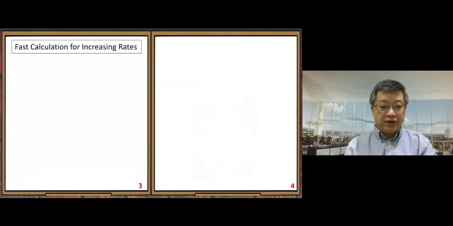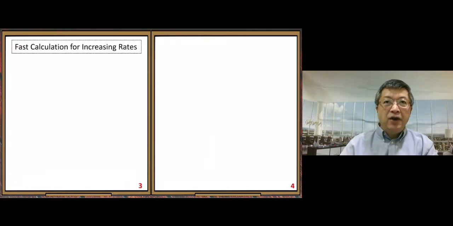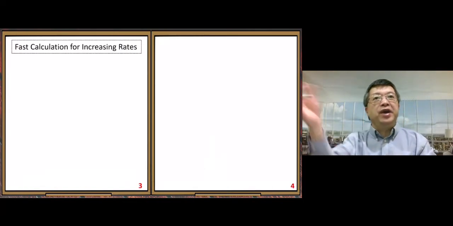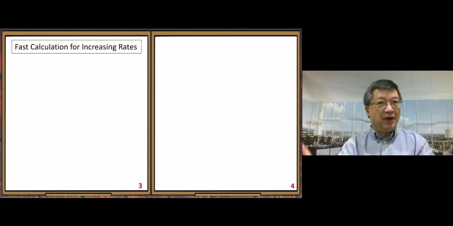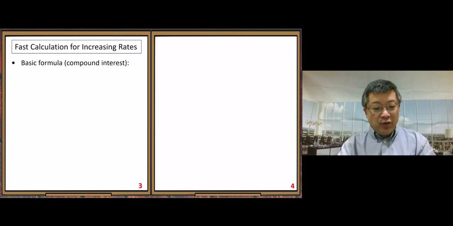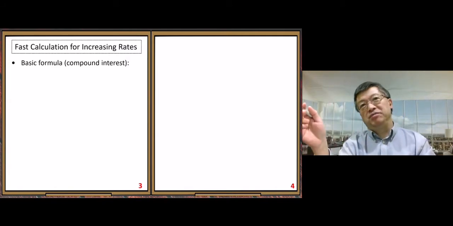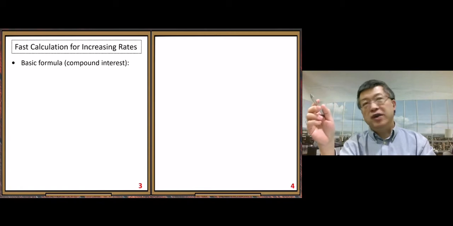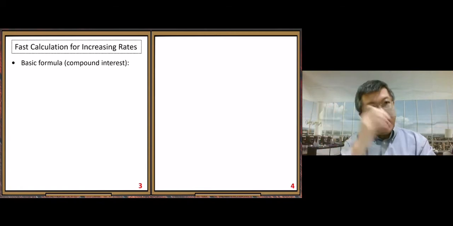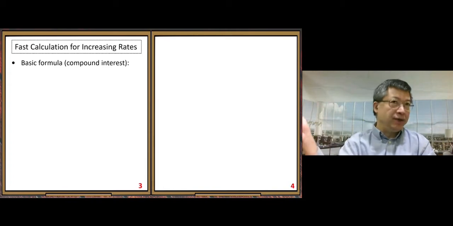All right, next, fast calculation for increasing rates. Now we want to do the calculation. We start with the basic formula for compound interest. Because this formula is very general, it can be used to calculate the transistor density increasing rate.